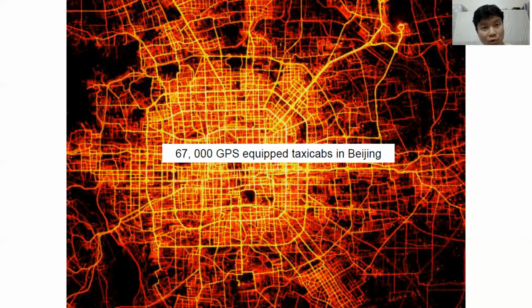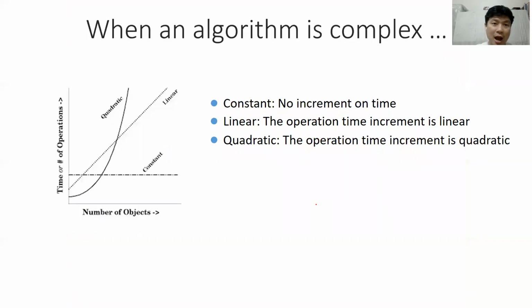So the taxi can go from one point to another point, and the GPS data will come every second. So there will be a lot of data. If you cannot manage the data well, of course, your algorithm will not run in real time. Your algorithm will not run in the proper computational time. So the algorithm is also another issue.